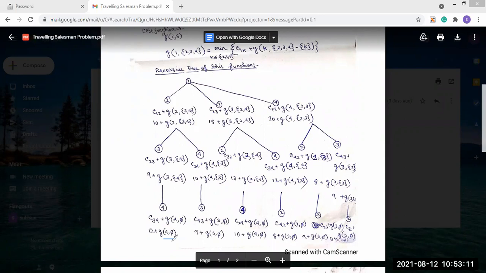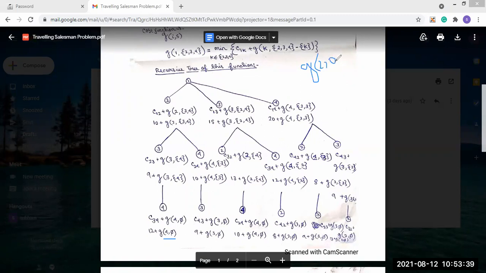So in this table, what will be the first set of values? Now you see in the last, this is 4 comma 5, then 3 comma 5, 4 comma 5, 2 comma 5, 3 comma 5, and 2 comma 5. So we will first write in this format G 2 comma 5, this is G 2 comma 5.